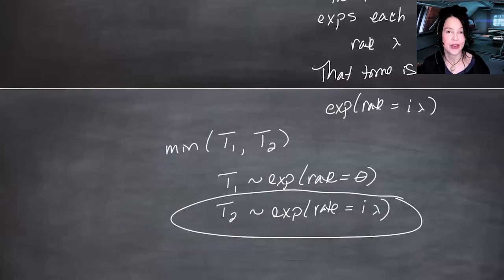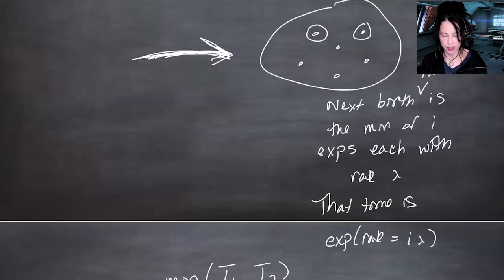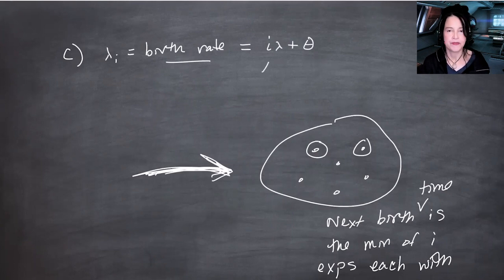And the minimum of 2 exponentials has another exponential distribution, assuming they're independent, with rate equal to the sum of the rates. So that's when the next event will happen, the next increase event. So going back up to the birth rate, this should be I times lambda plus theta. This is like I different exponentials with rate lambda racing and throwing in another exponential with rate theta to the race.